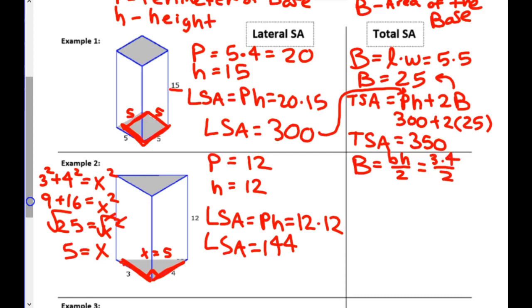So is everyone seeing the difference between a big B, area of the base, and a little b, base of the base shape? I know there's more than one b. It can kind of be confusing. 3 times 4 is 12, divided by 2 gives me 6. Okay? So big B is 6. So now I'm going to use my TSA, total surface area formula, which is PH plus 2B, big old B. Now, don't we already know PH from over here?